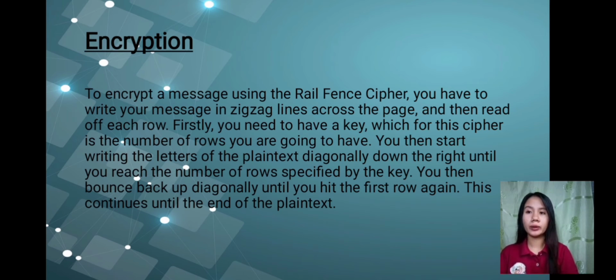You then start writing the letters of the plaintext diagonally down to the right until you reach the number of rows specified by the key. You then bounce back up diagonally until you hit the first row again. This continues until the end of the plaintext.